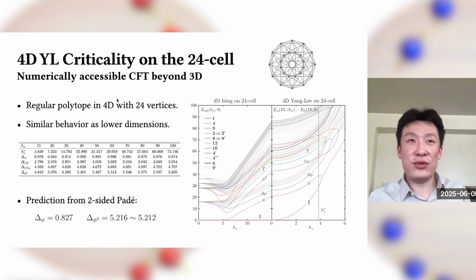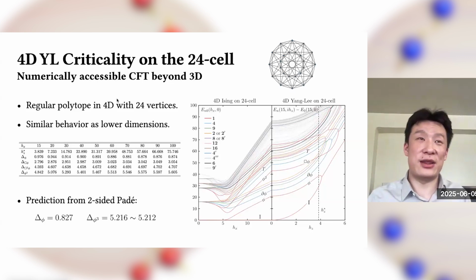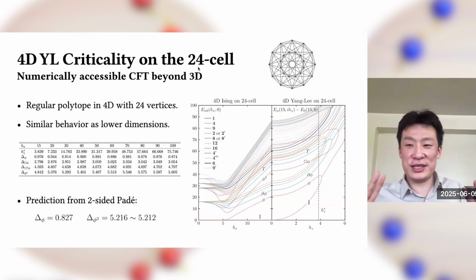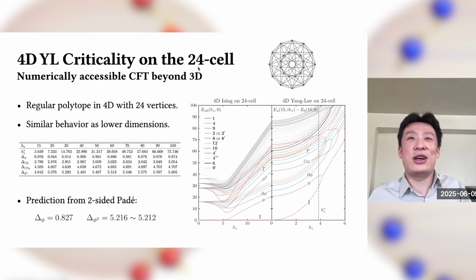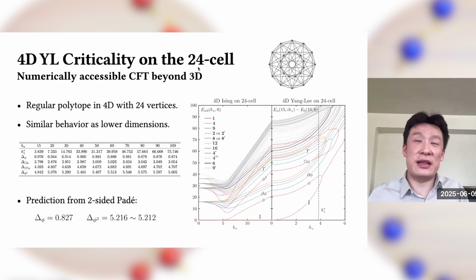And then after we got some experience in studying the criticality in 3D, we can also try to study the regular polyhedron in 4D. And here we tried the 24-cell. I'm trying not to get into too much detail, just to say that this is a regular polyhedron that preserves the SO(4) symmetry as much as possible, and it has 24 cells.